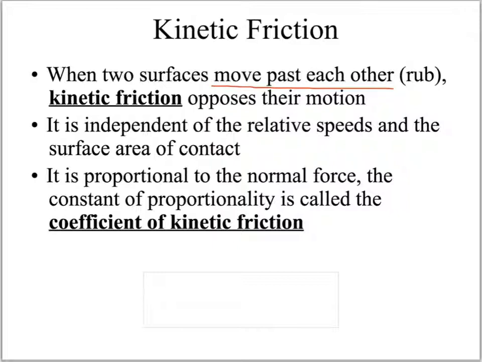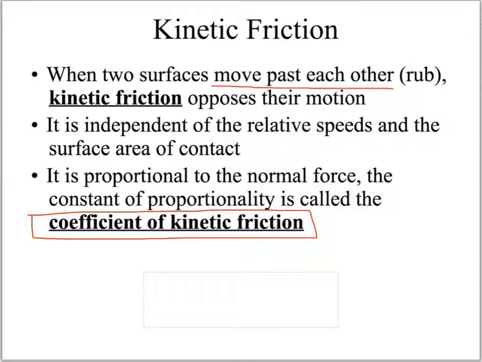This tendency of these two surfaces to exhibit friction depends on one big thing, and that is the coefficient of kinetic friction. A coefficient, as you probably know from math, is simply a number out front, or a multiplier.